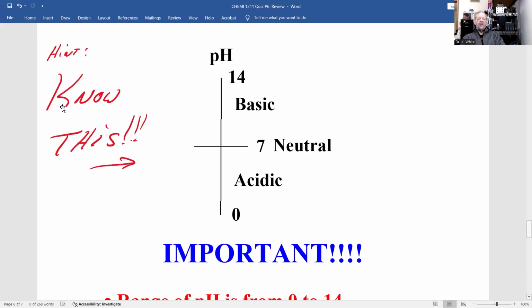At pH 7, you have a neutral solution. Anything above 7 is basic, and anything below 7 is acidic. So if you have something that's pH 2, it's acidic. If it's pH 13, it's very basic.